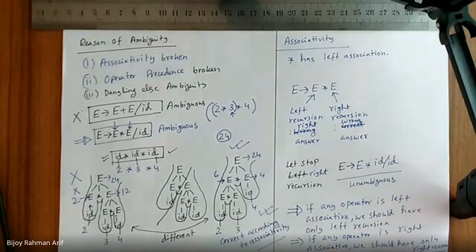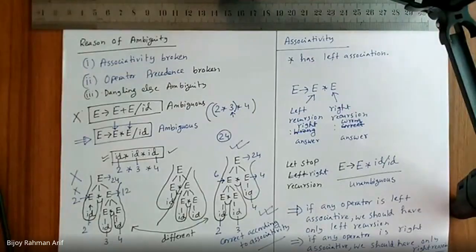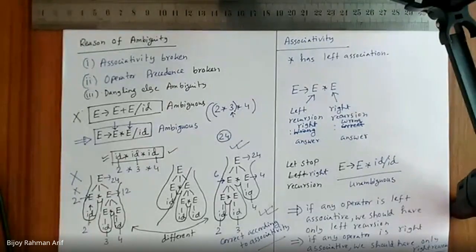Sir, is there any formal proof that we cannot find an algorithm for ambiguity? Wonderful question. Who asked me this question? Sir, Mahmudun Nabi. There is no algorithm to prove whether a grammar is ambiguous or not.